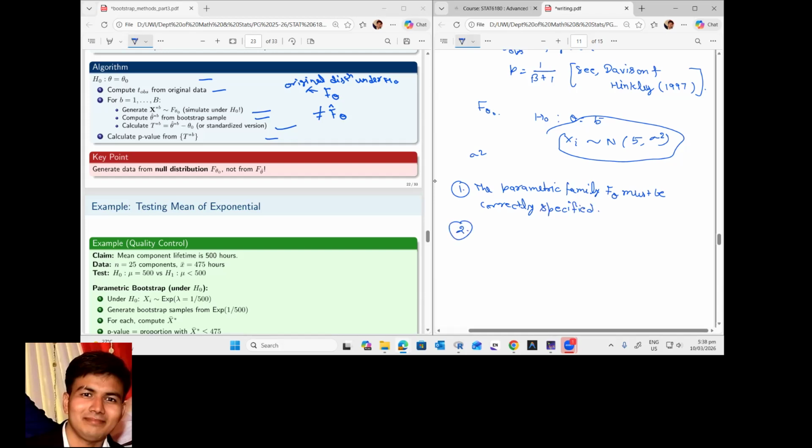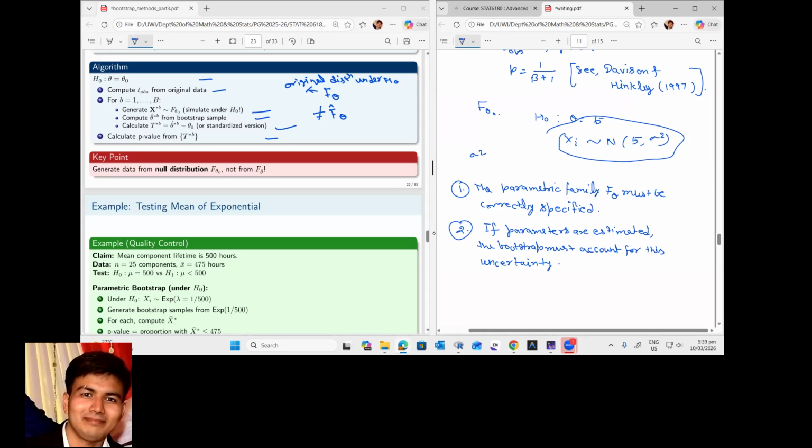Second thing is that if the parameters are estimated, the bootstrap must account for this uncertainty.